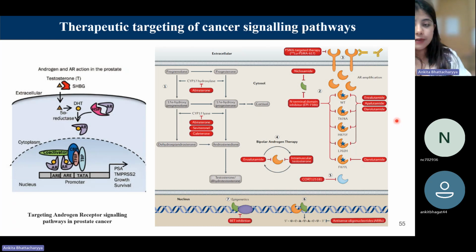What sort of inhibition can they carry out? They can bind to this AR protein or the receptor, and what they can do is they can prevent it from moving into the nucleus and then carrying out the transcriptional activity it was supposed to carry out. So they are going to stop the signaling axis from proceeding any further. Apart from that, they are also able to bind to mutant versions of the protein.